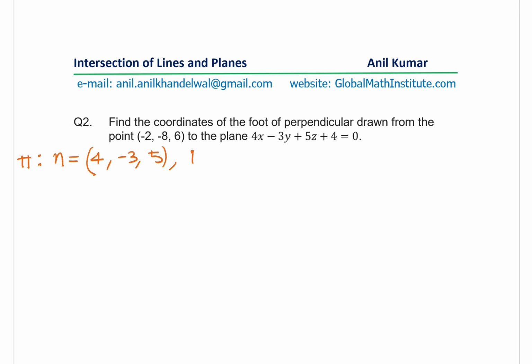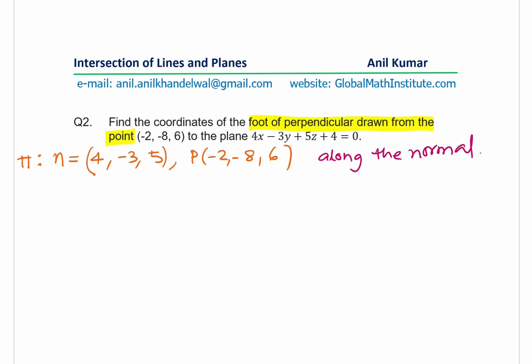And we're looking for a point which is minus 2, minus 8, and 6. What do we want? Coordinates of the foot of the perpendicular drawn from this point. So it is along the normal, right? Correct?